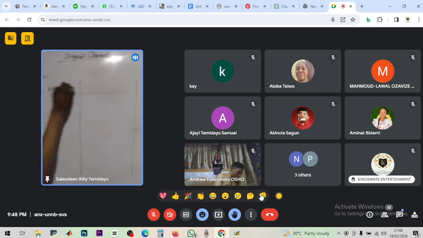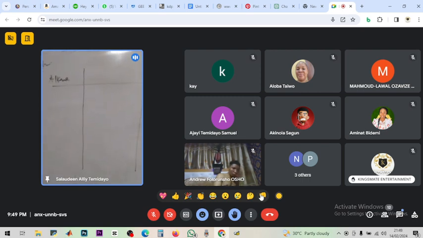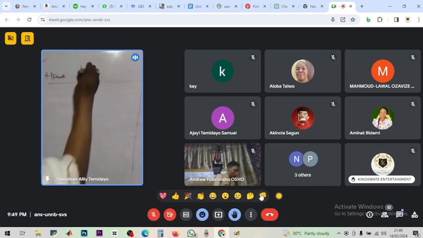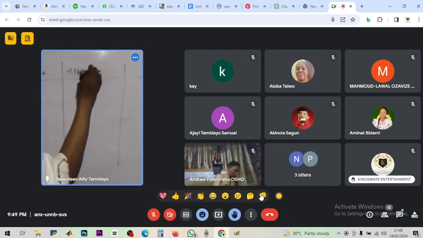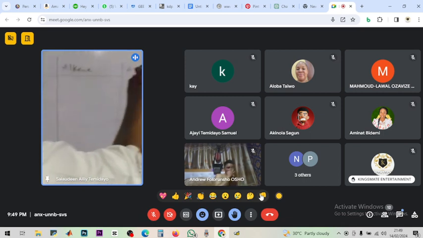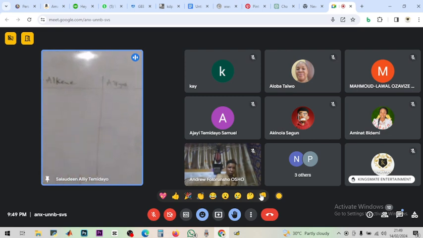These are the homologous series. We have so many of them. We have the alkane family, the alkene family, the alkyne family. We have the esters, the carboxylic acids, and the alcohols, such as ethanol, methanol, propanol, butanol.